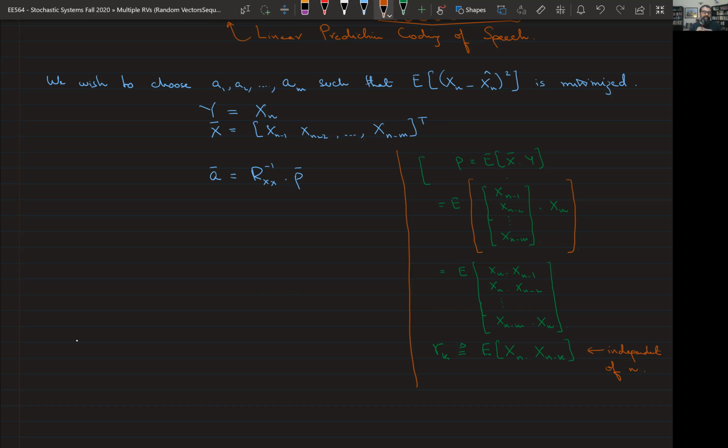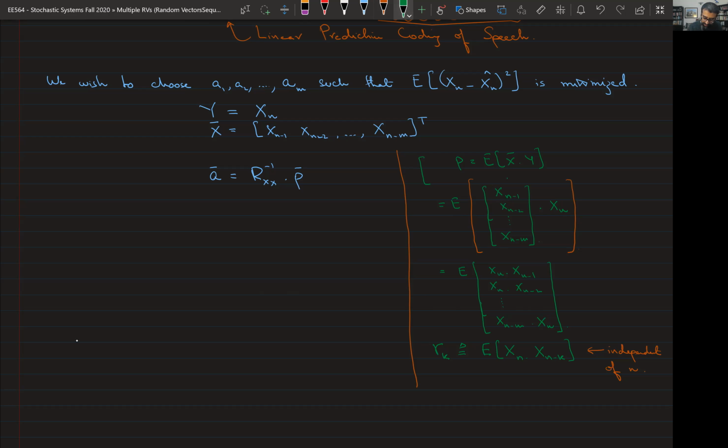So a speech signal is a class of signal in which it is very practical to assume that the correlation between two samples is a function of only the separation between the two samples, the difference between the indices, and not of where the samples exactly are.